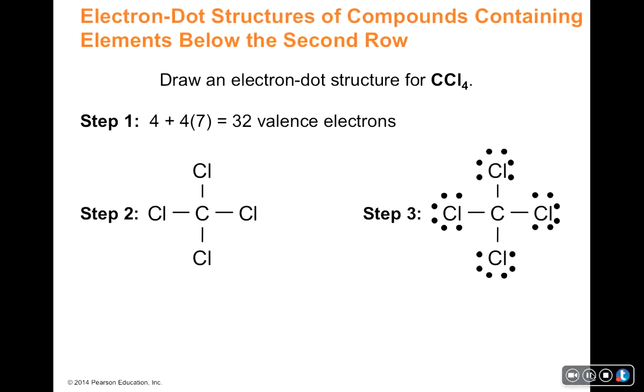So you can see those are arranged so that each of those chlorine atoms has 8 electrons around itself. It has 2, 4, 6 electrons represented as lone pairs. It has 1 electron in that bonding pair, and then the other electron came from carbon. So it feels like it has 8 around it, even though one of those electrons is actually carbon's electron.